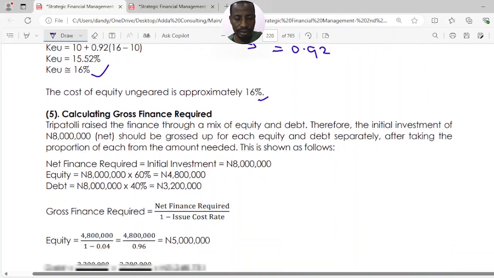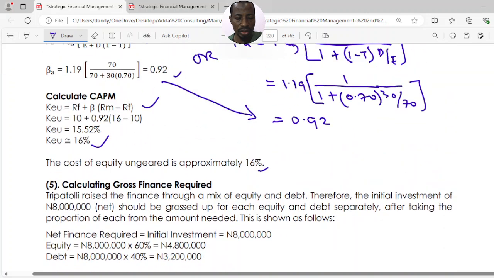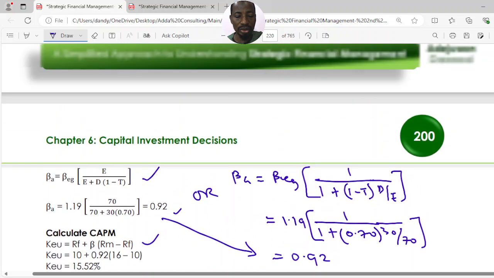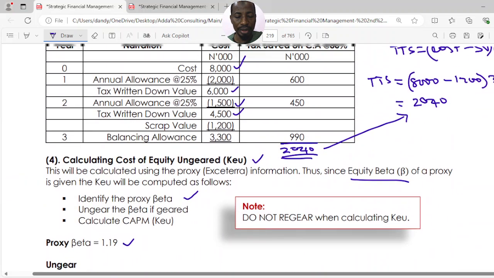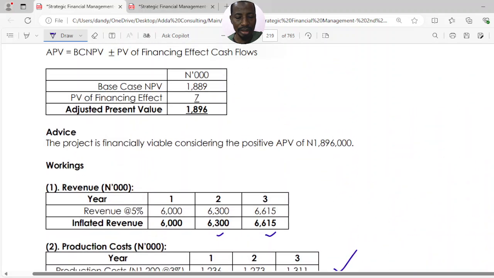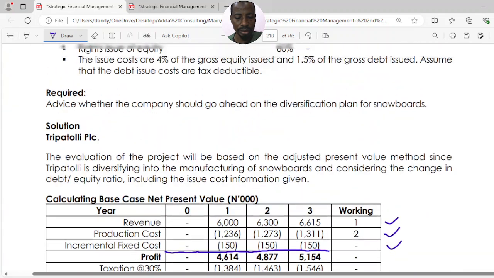First thing first, I will calculate the gross finance required. Now, again, remember what I told you, you need to first of all ascertain whether you want to use cost of borrowing or the risk-free rate of return. So according to the question, let's determine the cost of borrowing from the question.